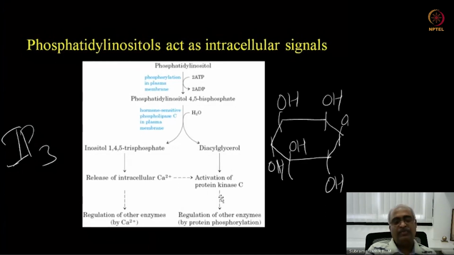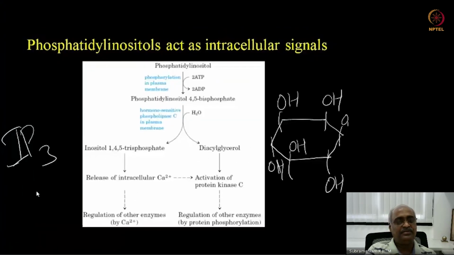So by phosphorylating downstream target proteins, this protein kinase C modulates activity within the cell. So that is how the extracellular signal is transduced by the production of intracellular signaling molecule IP3. So this is one way by which lipids act as signaling molecules.